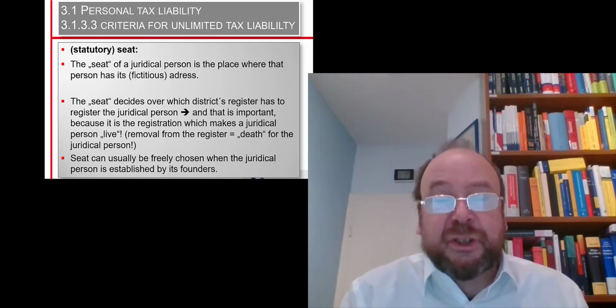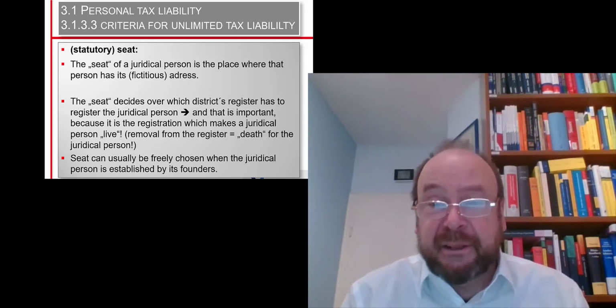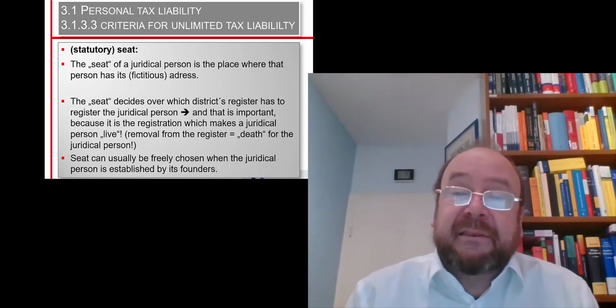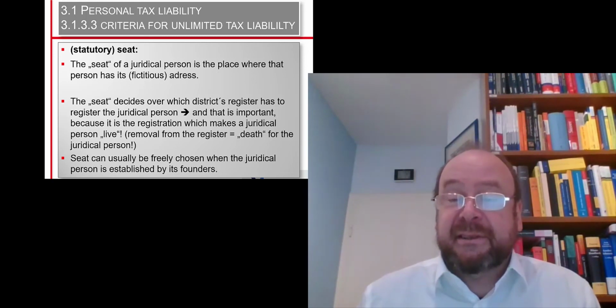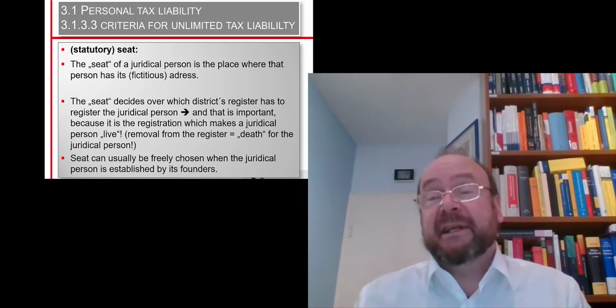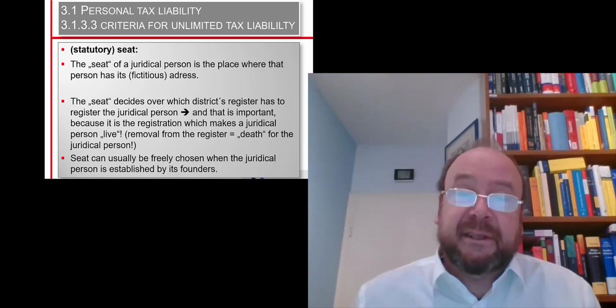So if you choose a registered office address in Germany, that triggers unlimited tax liability. If you don't, then that does not trigger unlimited tax liability. But if you then have a place of management in Germany, then that is sufficient to trigger unlimited tax liability too.